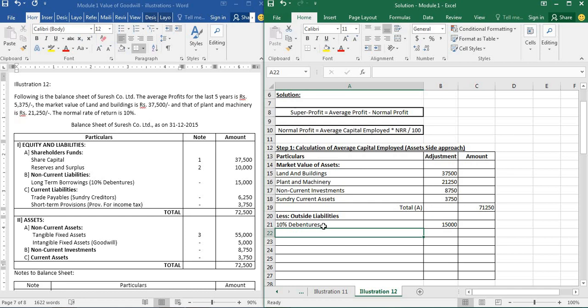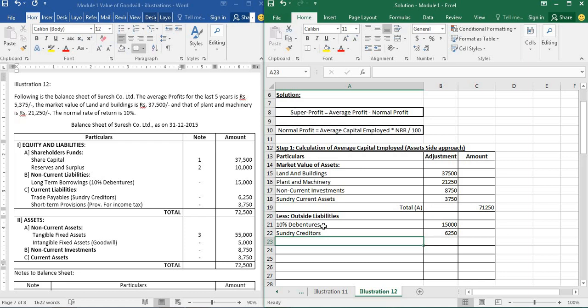The next outside liability that we have is sundry creditors. Sundry creditors, the amount is 6,250. There is no market value given. Market value of only land and building and plant and machinery was given. To make it simple for you guys, you can mark it under your notes or the balance sheet for which there are market values given.